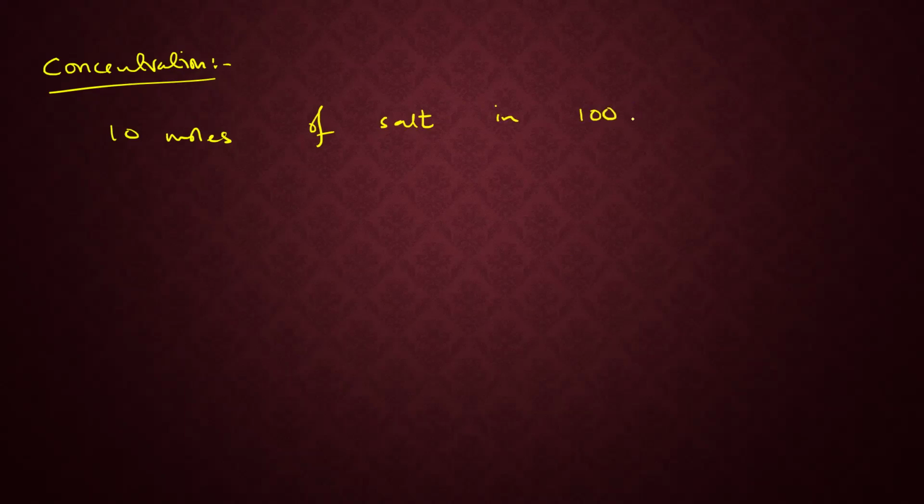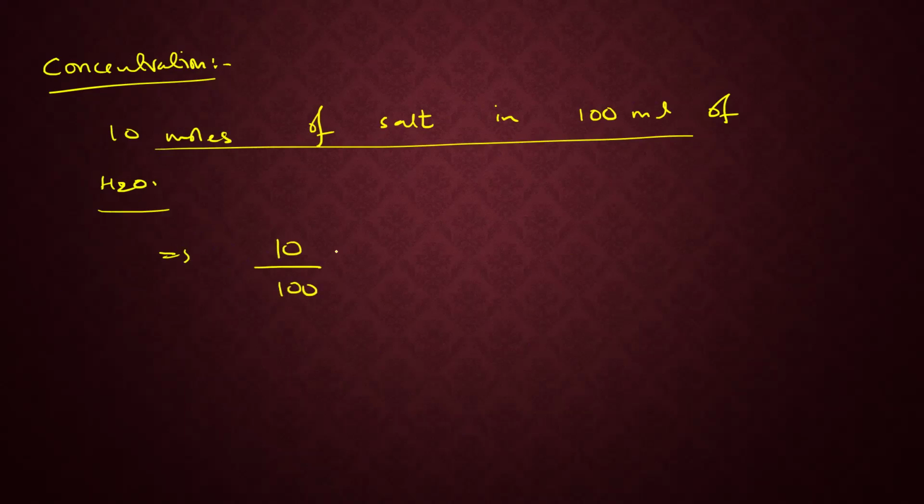Another way to represent concentration can be like if we add maybe 10 moles of salt in 100 milliliters of a substance, let's say water. So how would we represent this? This would be somewhat like this, right?